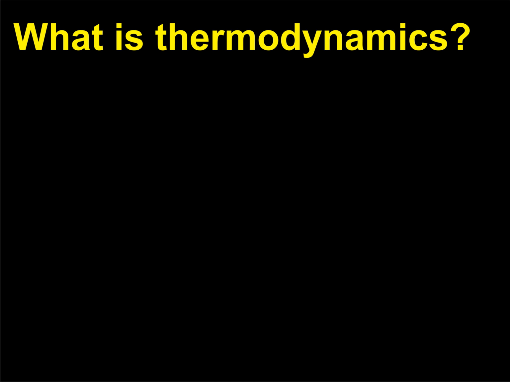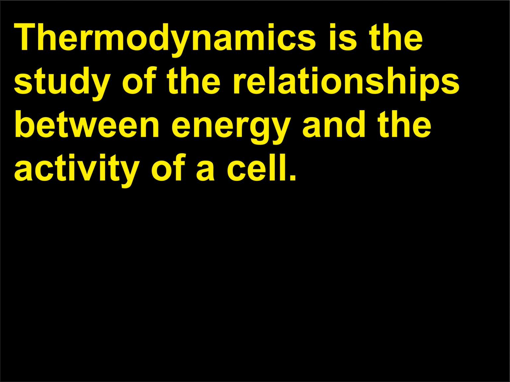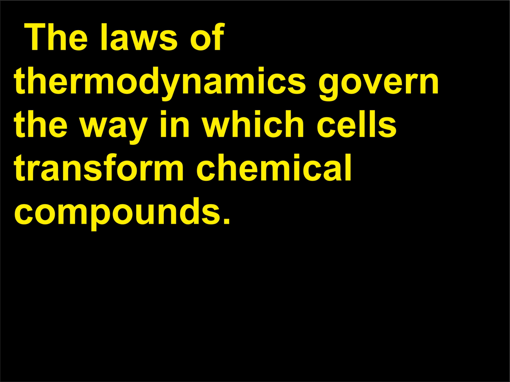What is thermodynamics? Thermodynamics is the study of the relationships between energy and the activity of a cell. The laws of thermodynamics govern the way in which cells transform chemical compounds.